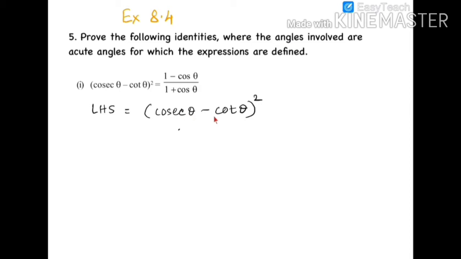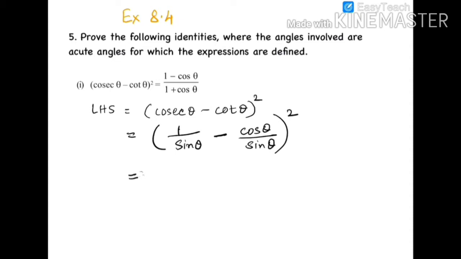Once we do that, we can add these two terms and then see what we get. So cosec theta can be written as 1 over sine theta minus cot theta can be written as cos theta upon sine theta in brackets raised to the power 2.